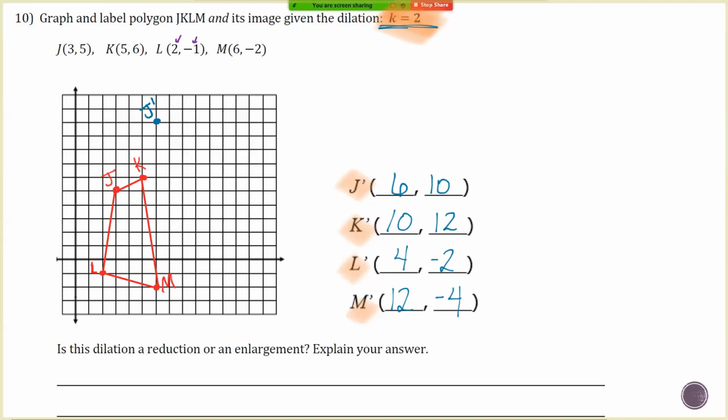To graph K prime, I'm starting at the origin. I'm going right 10, up 12.